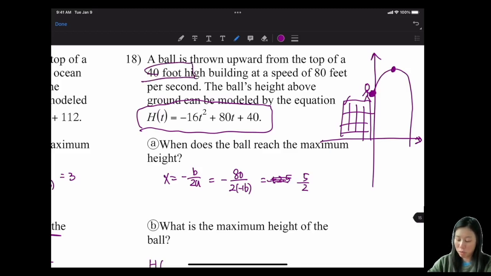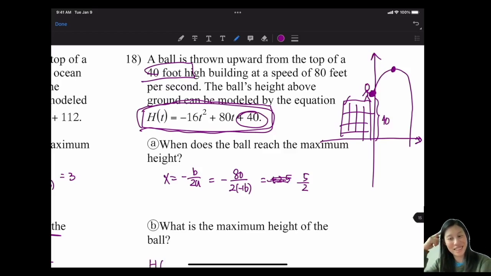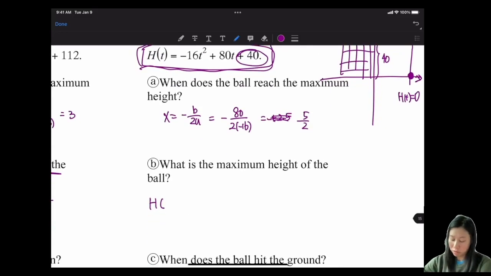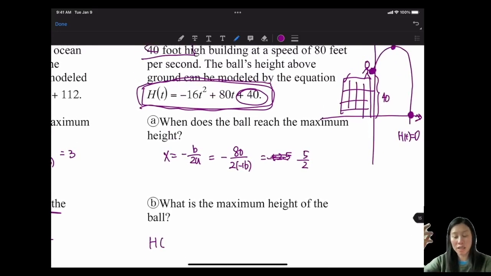They already gave you that, 14 feet above, but from the equation you can also tell this is the y-intercept, which is 40. That is your initial height, where you're holding the ball. Or when you hit the ground, that means when the ball hits the ground, the height equals 0. As long as you understand that concept, that will be the application of the quadratic function.